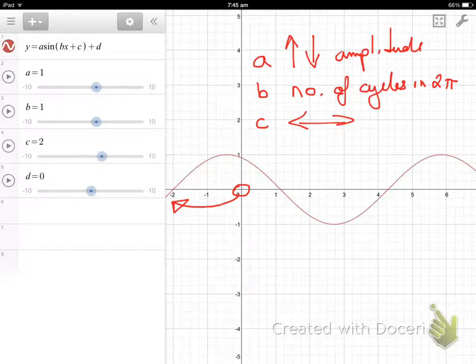Now we have one final thing to do, and that is D. Now D is a constant. Any idea what D is going to do? Well, before we check it out, make sure C goes back to 0.